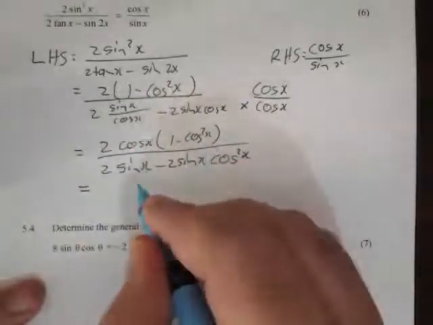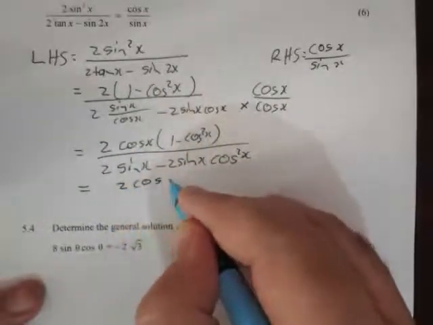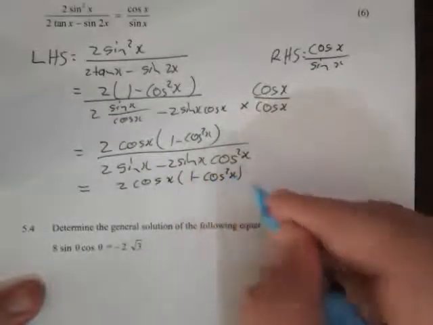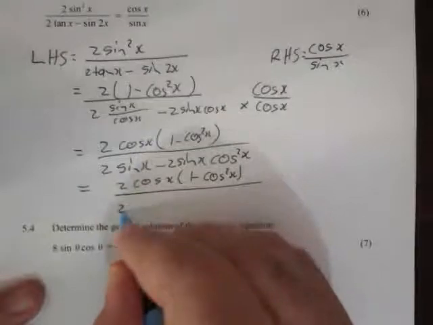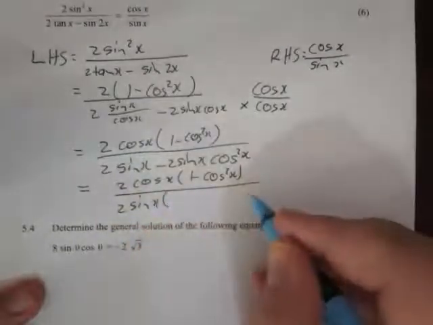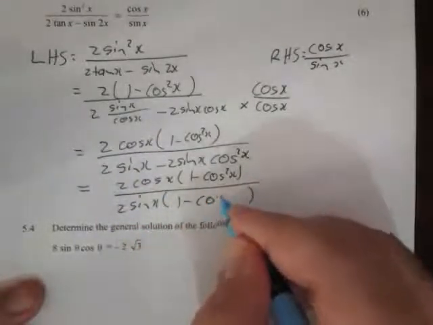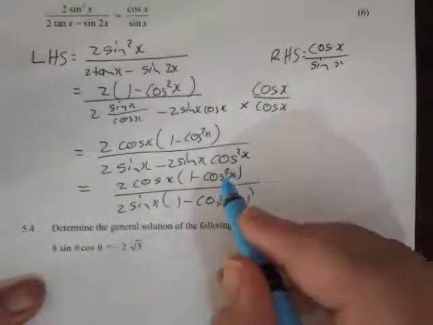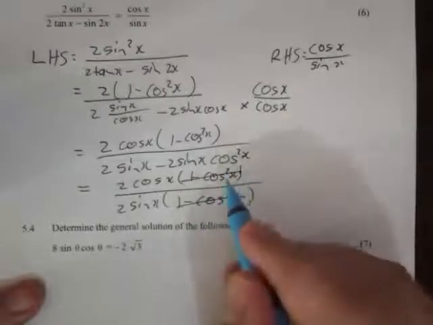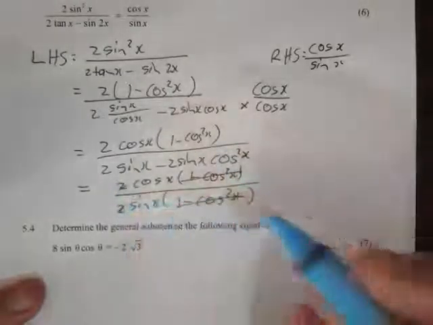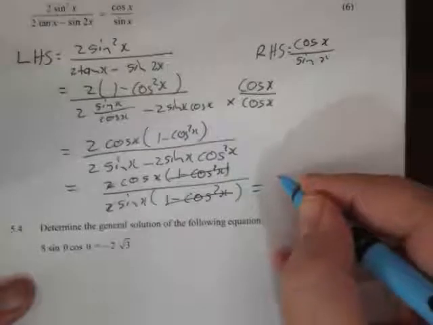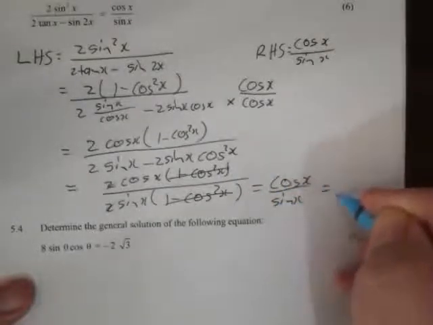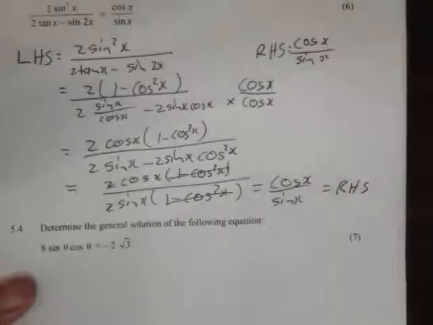So that will leave us with 2 cos x times 1 minus cos squared x, and we take out 2 sine x as a common factor, 1 minus cos squared x, and we can cancel the factors of 1 minus cos squared x. We can cancel the factors of 2, which leaves us with cos x over sin x, and that's equal to the right hand side. Okay.